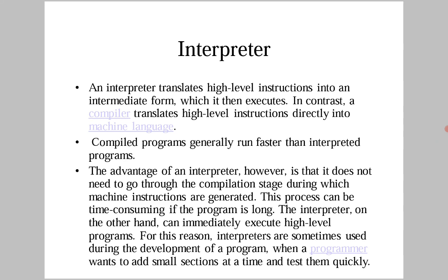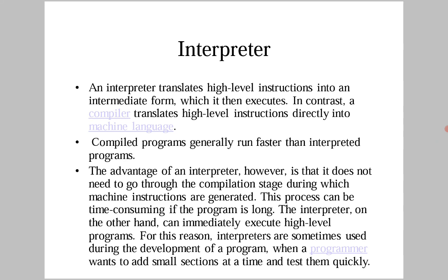There are basically two types of translators: one is the interpreter and the second one is the compiler. Both are translators. Some programming languages use interpreters, whereas others use compilers. So what is the difference between a compiler and an interpreter?